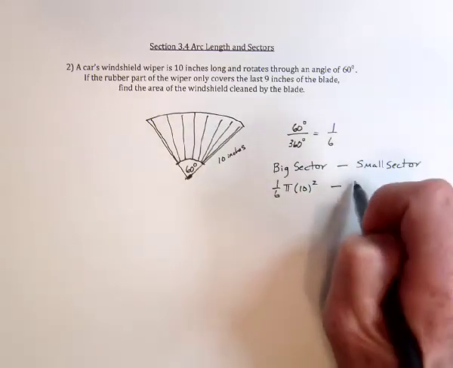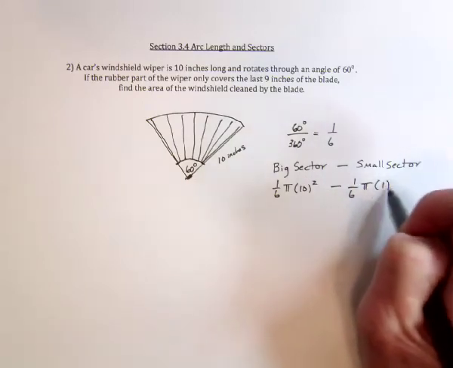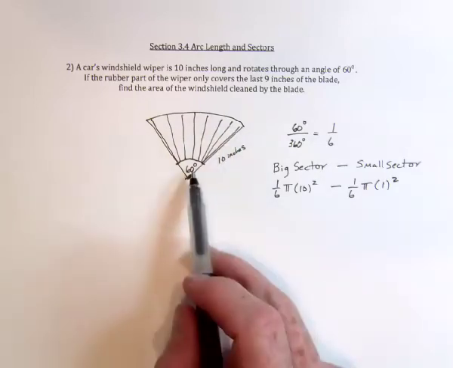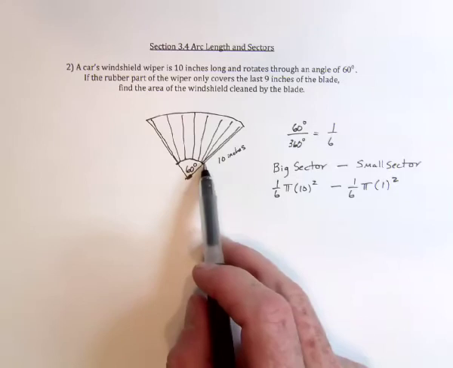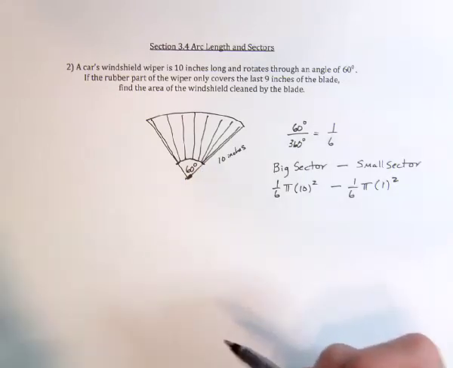And then for the other one, it's going to be 1/6 of pi r squared. And since the whole thing is 10 inches, and this part they said was 9 inches, that leaves 1 down here. And then let's see how much that is.